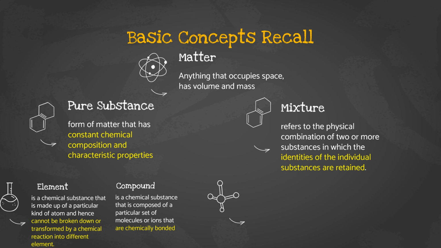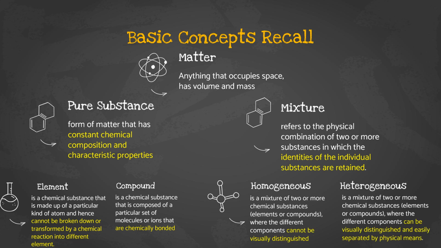An element is a chemical substance that is made up of a particular kind of atom and hence cannot be broken down or transformed by a chemical reaction into different elements, while a compound is a chemical substance that is composed of a particular set of molecules or ions that are chemically bonded.